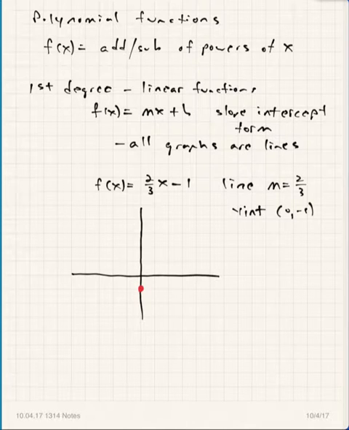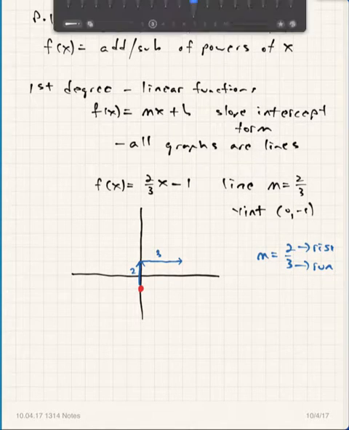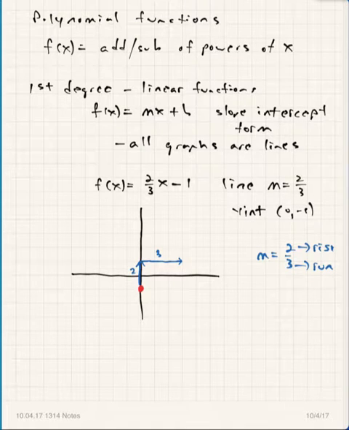Remember that the slope being 2/3 is just the rise over the run. So on this graph you're going to go up 2 and over 3, and then we get another point on the graph over here at (3, 1), and then we've got enough to sketch this graph.